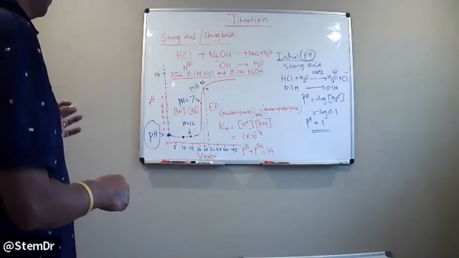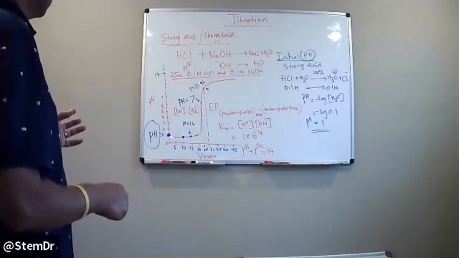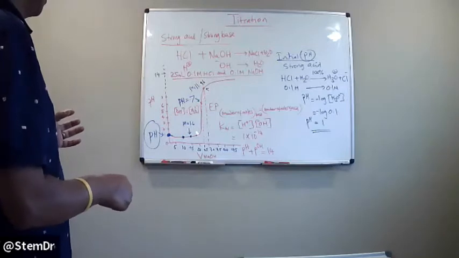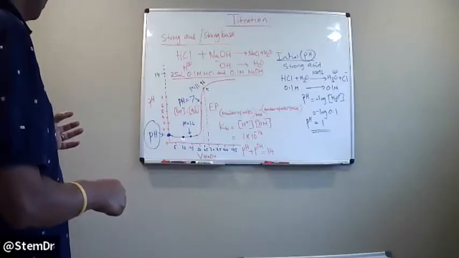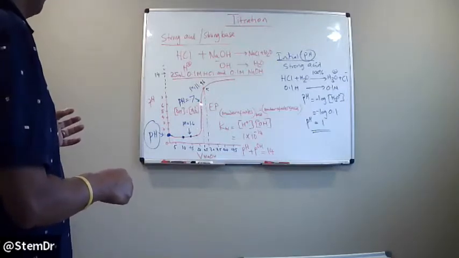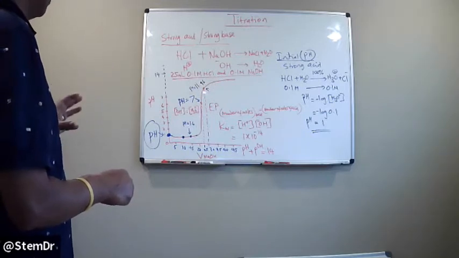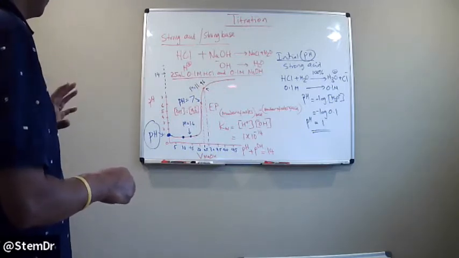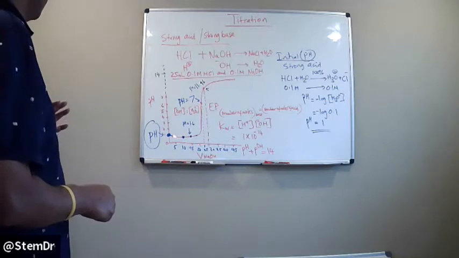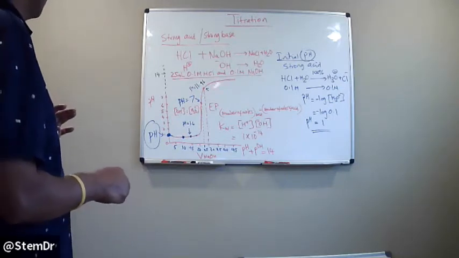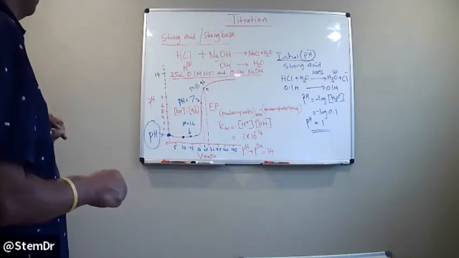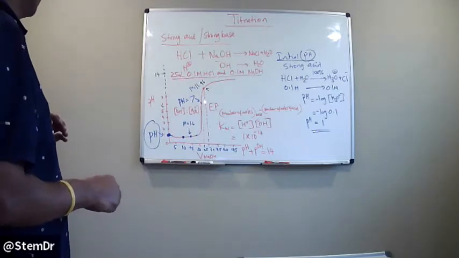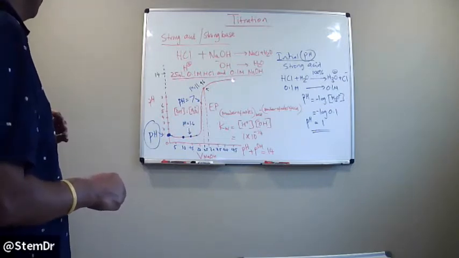In a weak acid, strong base titration, mostly this curve is not well defined. Sometimes it is, at least for the first ionization of a monoprotic acid. But the titration curve for a strong acid, strong base, is a well-defined curve, and each point can be calculated.